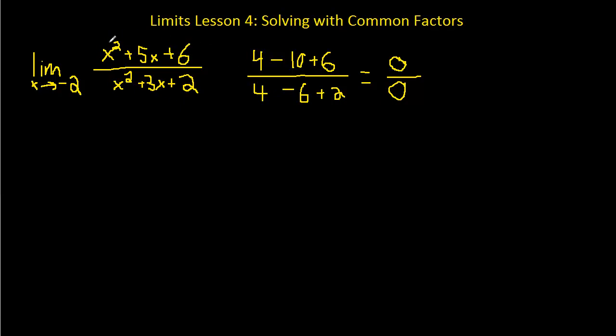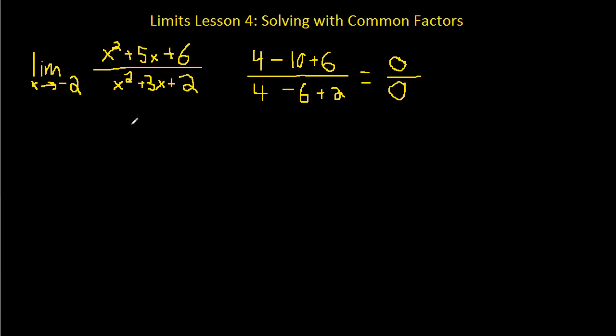common factor. Now, something you might have noticed already is that each of these is a polynomial that you might already know how to factor. You should know how to do this if you're taking calculus. So I'm going to go ahead and assume that you know how to break this down.